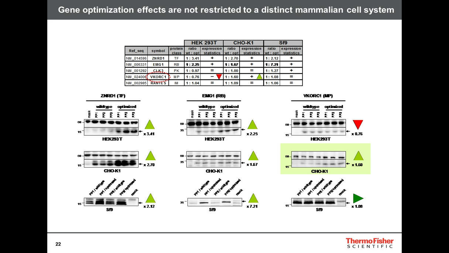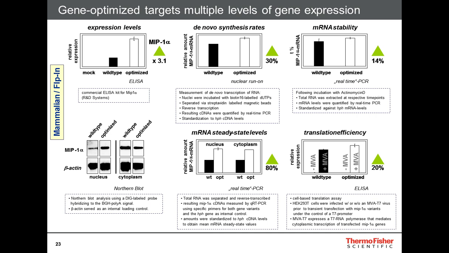So gene optimization worked equally well in 293 and in CHO cells. And in one case, in the insect cells, it was less. And even in the SF9 cells, the expression rate was higher as compared to the wild-type versions.